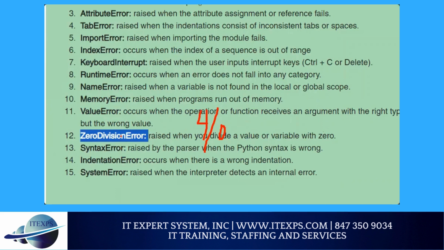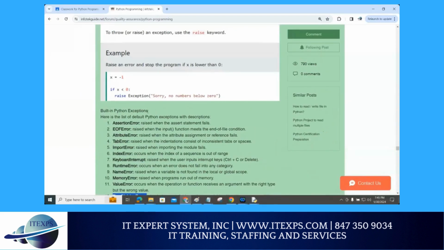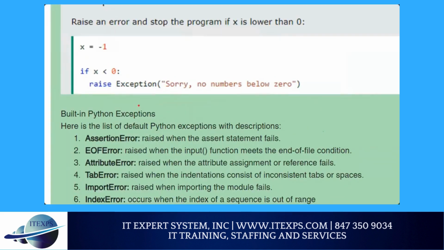Okay. So this is the custom exception. Sometimes you check a condition, please understand, you check the condition and you say raise exception. Boom. This is something you write, whatever you want. You raise an exception with a particular condition.